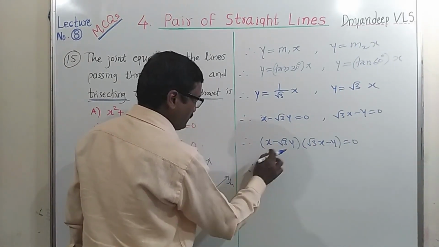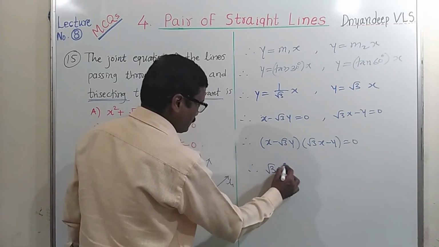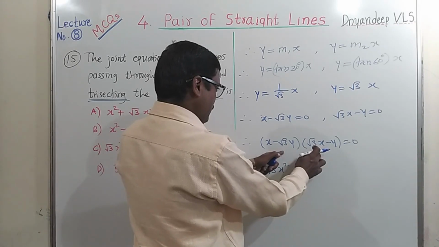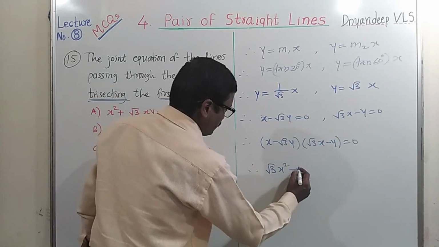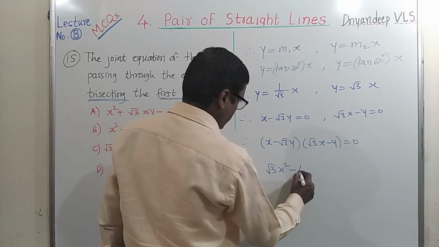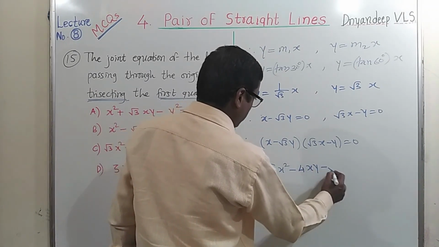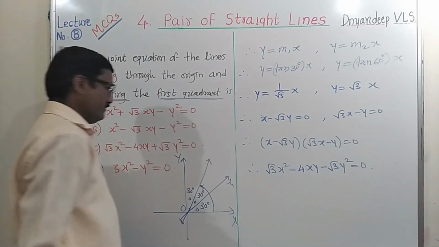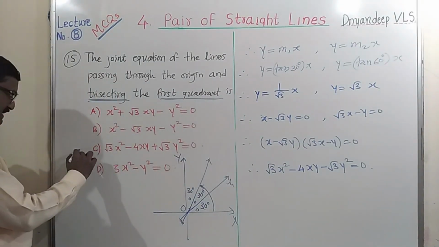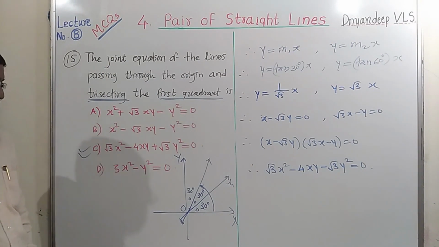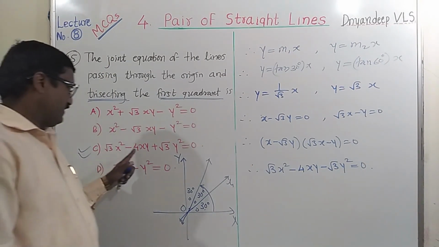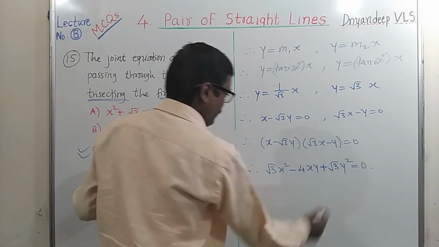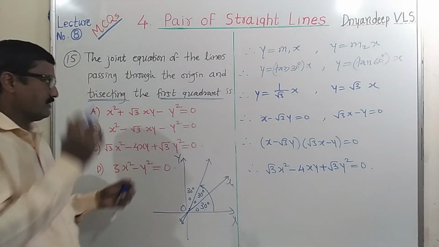Therefore the product will be root 3 x square, this is minus xy and this is minus 3xy, that is sum is minus 4xy, plus root 3 y square equal to 0. So the option C is the correct answer: root 3x square minus 4xy plus root 3y square equal to 0.